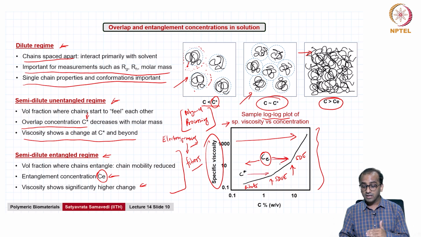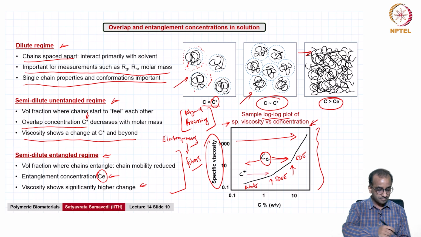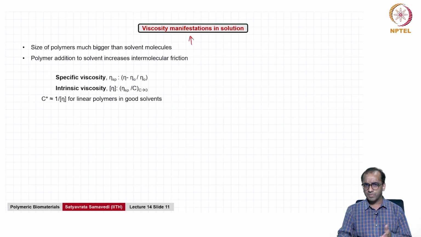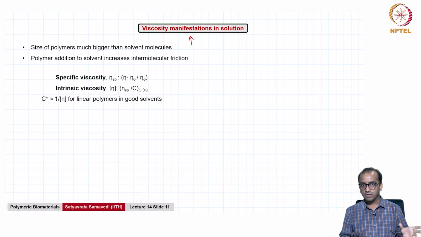So you see, while this might seem like an idea that we are learning for its own sake, it has very deep implications for how polymer solutions can get processed. And as always, before we conclude, we are looking at bulk manifestations. That's always been the theme in the course. When we take a concept, looking at even single chains, ultimately we are asking what is the effect on bulk.